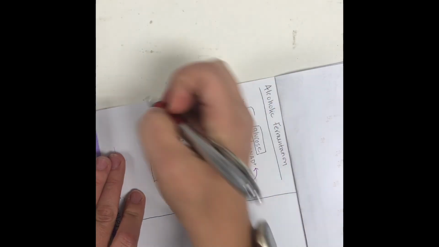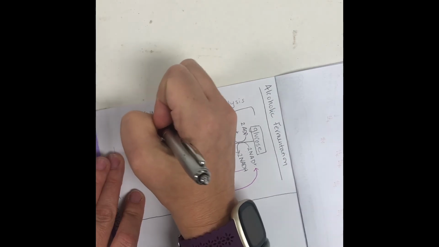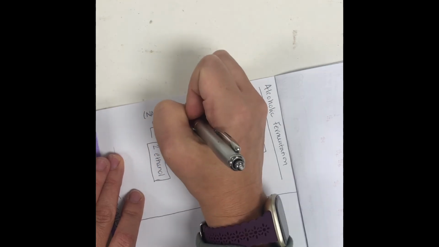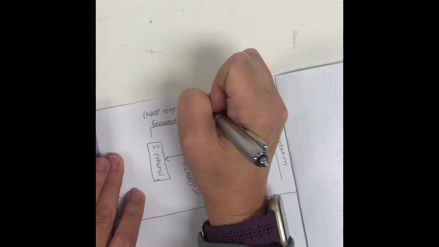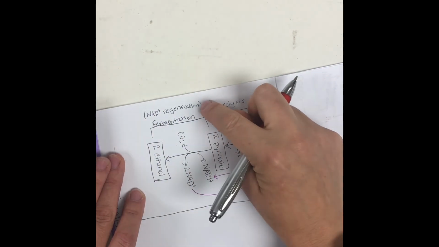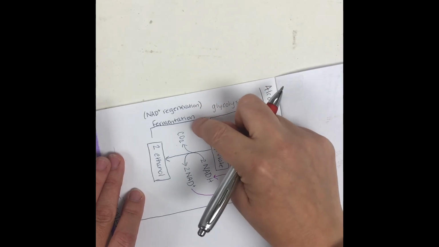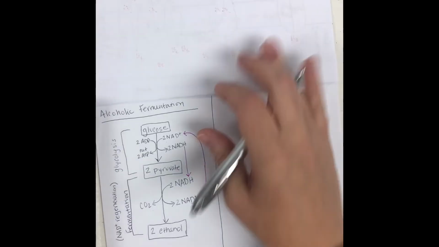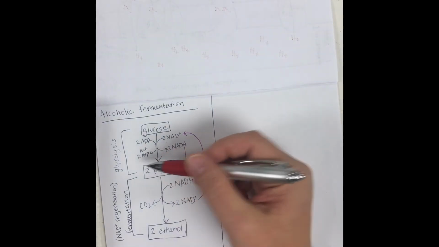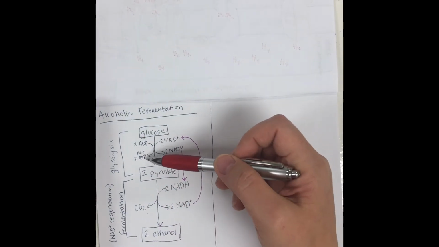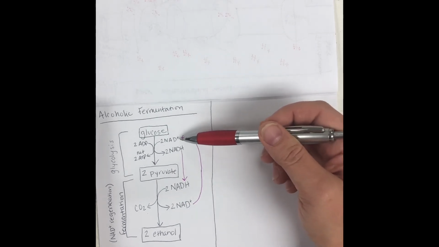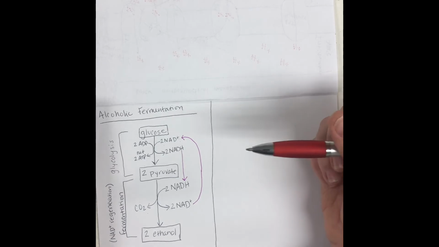But really, it is an NAD plus regeneration. That's why we need to do fermentation, or why yeast cells need to do fermentation. They need more of this ATP, and in order to make more of this ATP, we have to be able to regenerate or make this NAD+.